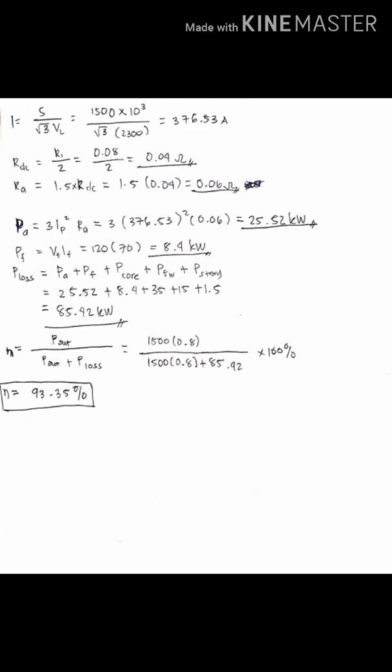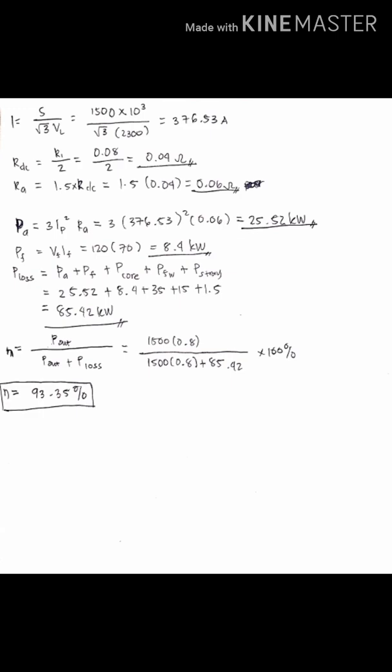Next is to find PA, the armature power, which equals 3 times IA squared times RA. Equals 3 times 376.53 squared times 0.06, which equals 25.52 kilowatts. That is PA.